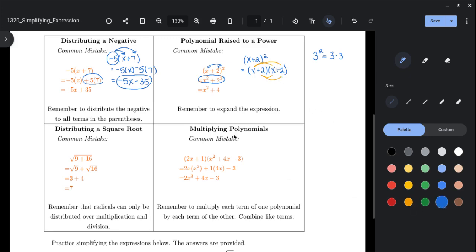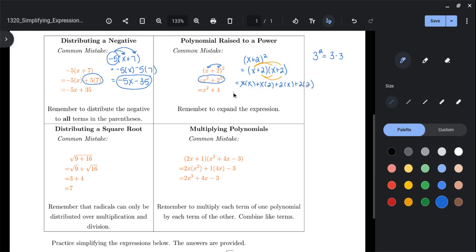So let's go ahead and write that out with our numbers and letters. So x times x, and then x times 2, plus 2 times x, and a positive 2 times 2.